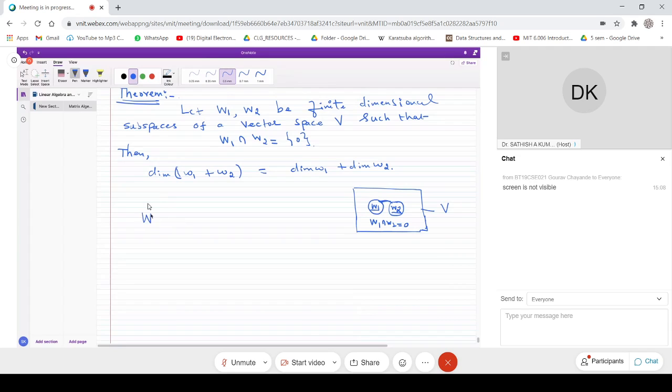W1 and W2 will choose as subspaces. Let us choose W1 as a subspace, let's say 1 0, 0 1. Okay, why take always R3? We'll take R2 also.